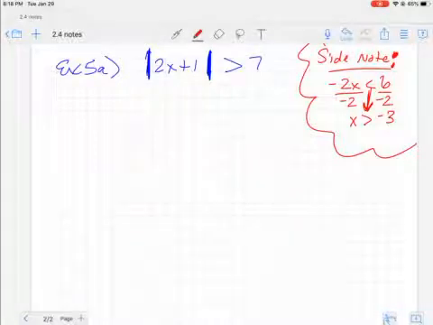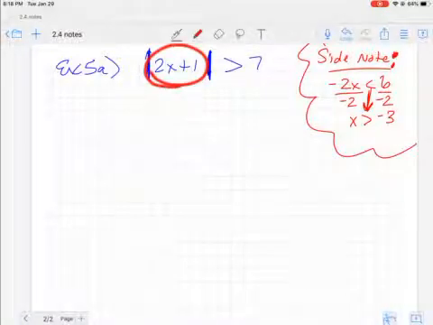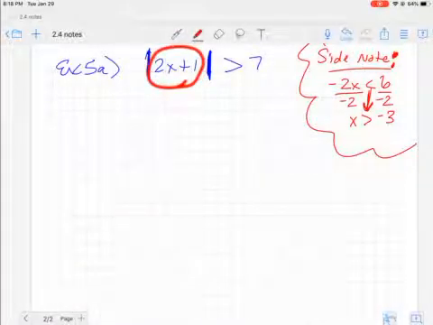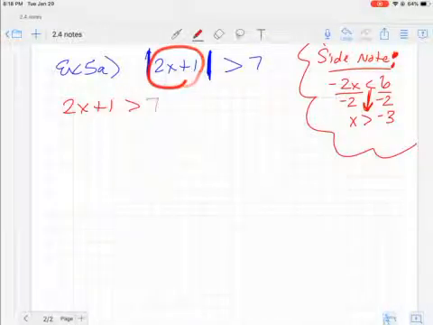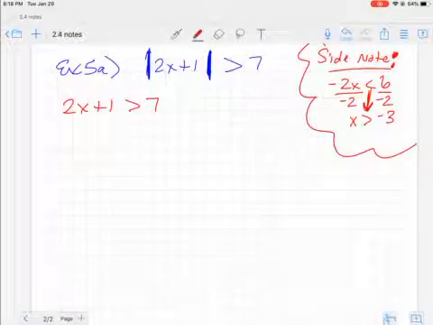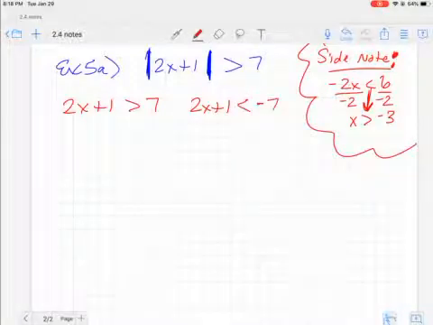If I'm laying this out, I'm saying that my inside has to be positive and negative, right? That's the kicker. So that means I have 2x plus 1 is greater than a positive 7, or 2x plus 1 is less than negative 7.